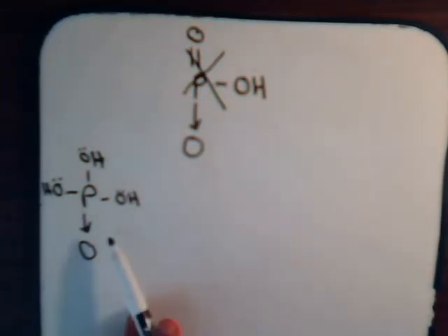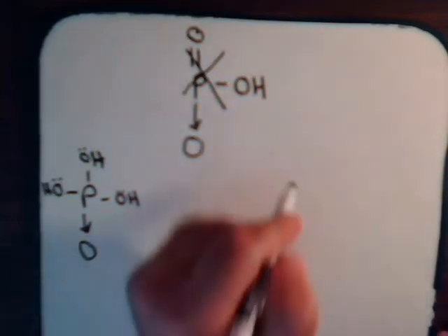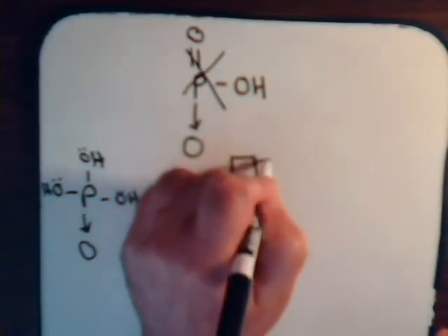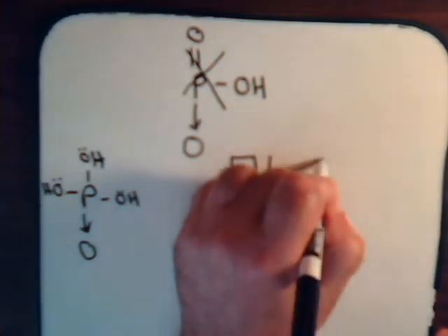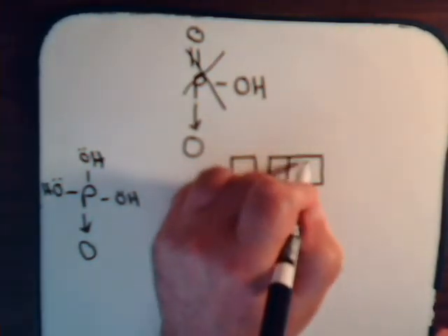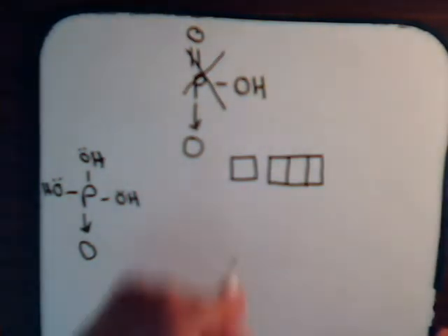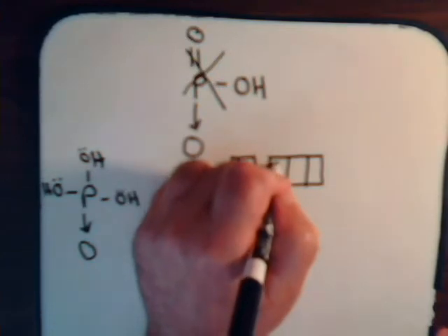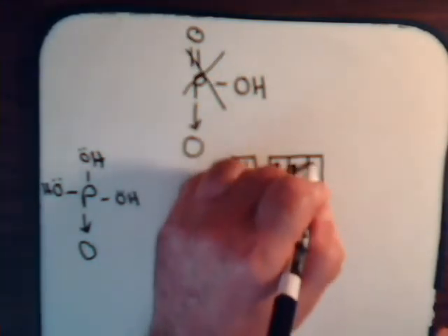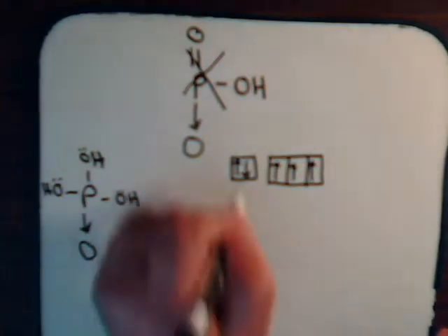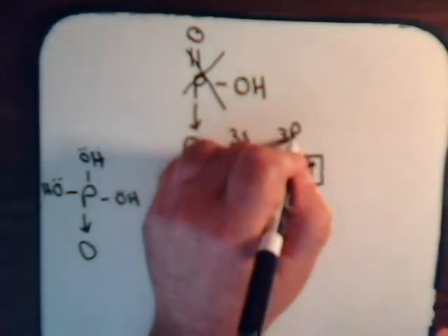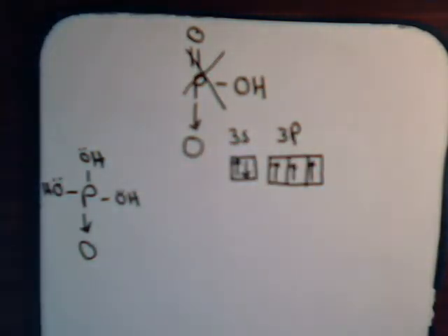Now, for phosphorus, its orbital diagram looks just like nitrogen in this regard. You have an s orbital and the 3 p orbitals. The s orbital has a pair of electrons. The p orbitals each have a single electron. But unlike nitrogen, this is now the 3s level, and these are the 3p orbitals, not the 2p ones.